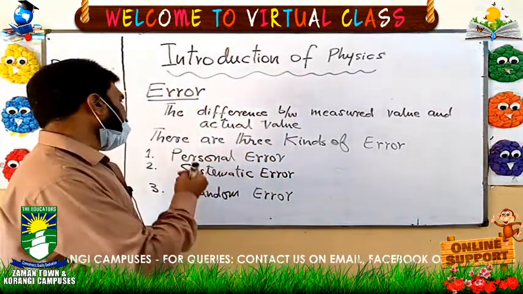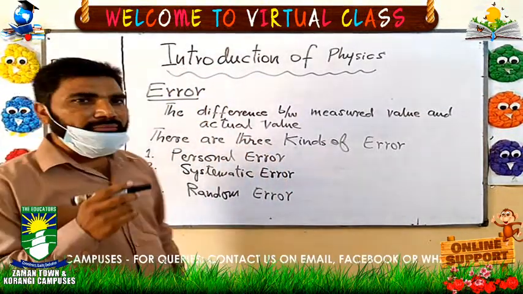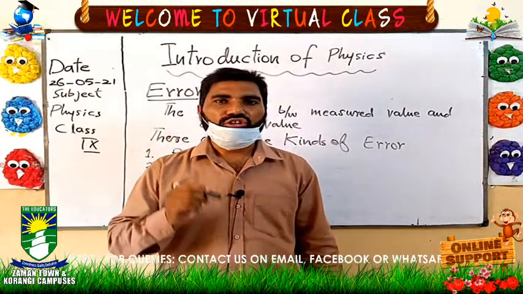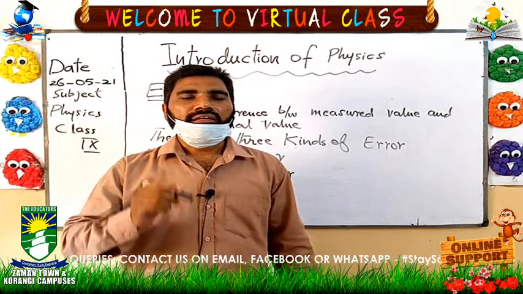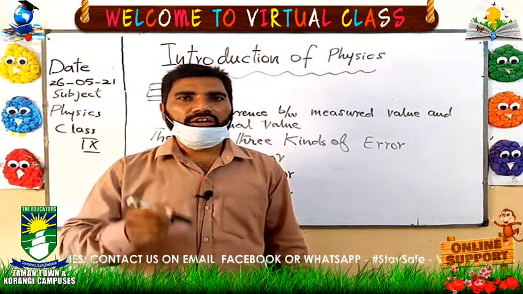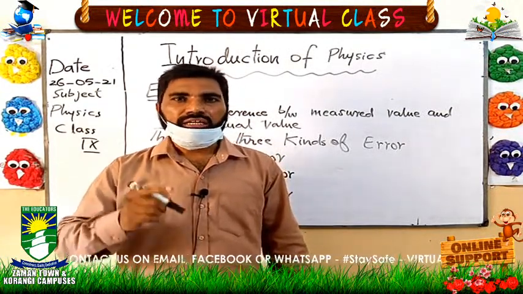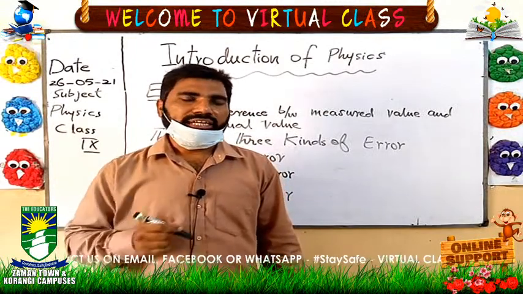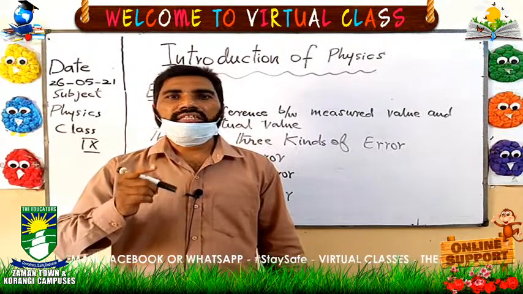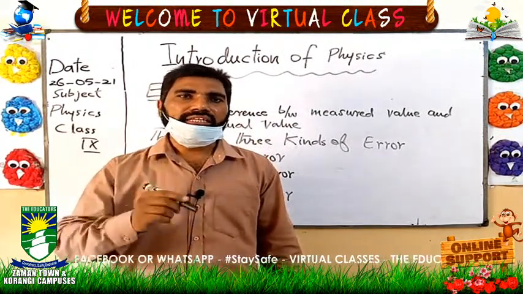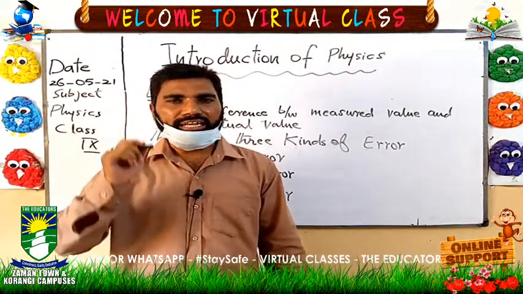Now second, systematic error. Systematic error depends on the instrument. If the instrument is faulty, then whatever value you measure is wrong. Suppose the vernier caliper is an instrument and there is a fault in the vernier caliper.